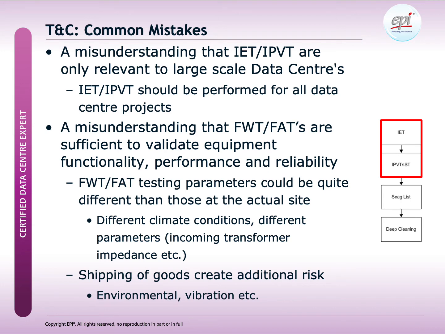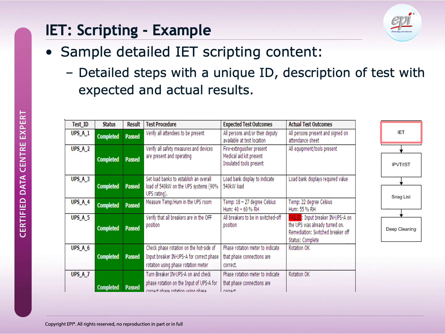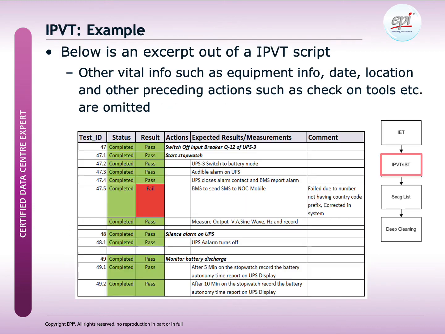A number of slides will also show some of the common mistakes made during the testing and commissioning. Examples of test reports will be given in the CDCE training, like this one for the IET testing and another one for the IPVT testing.